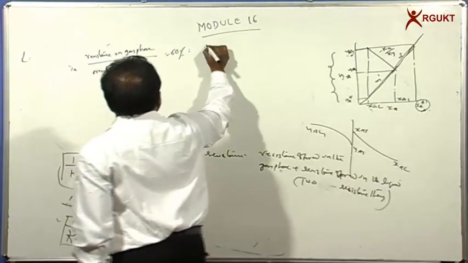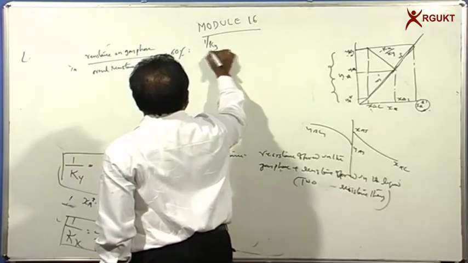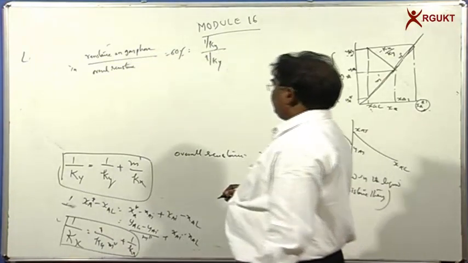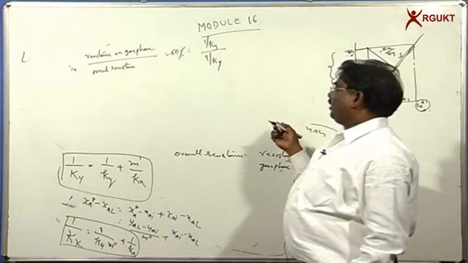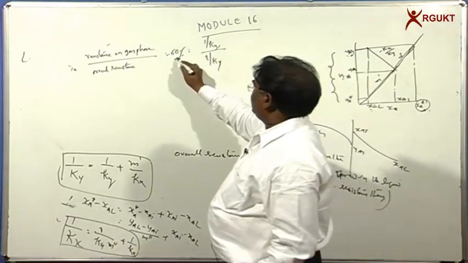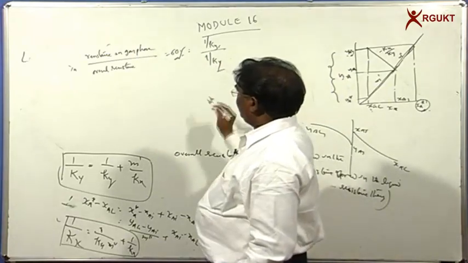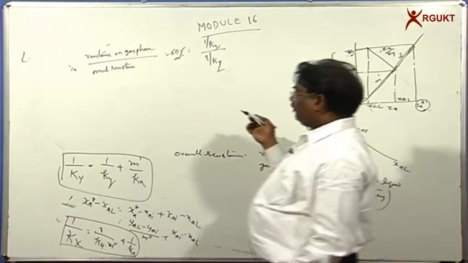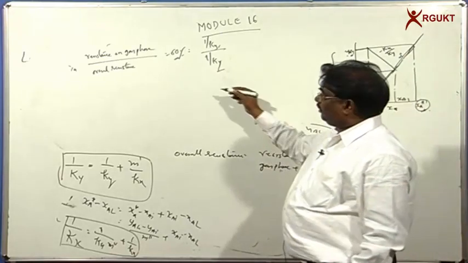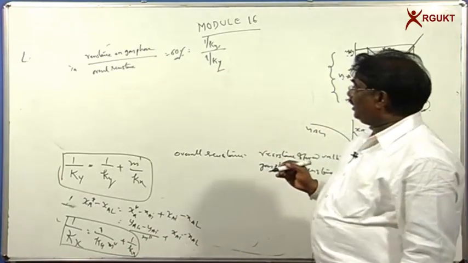That means 1 by small ky divided by 1 by capital Ky is equal to 60%. So if small ky is estimated, and you say it is 60%, capital Ky can be estimated. Once you know capital Ky, one can estimate the flux. Similarly, the resistance in the liquid phase divided by the total resistance can also be calculated.